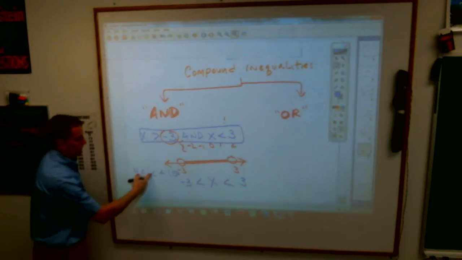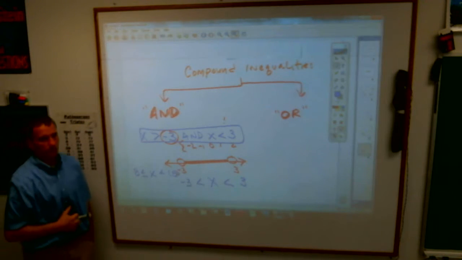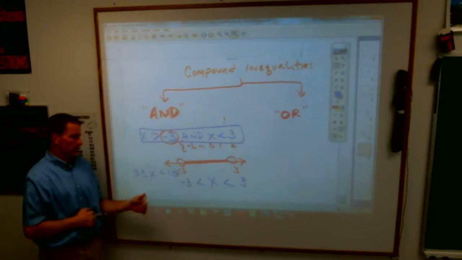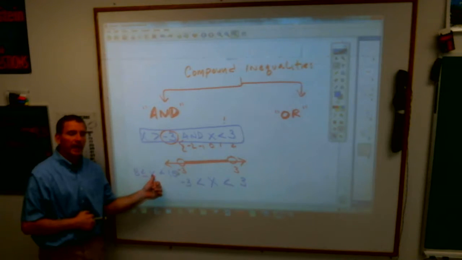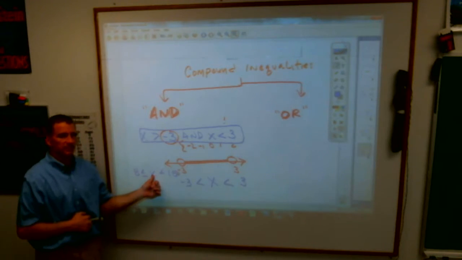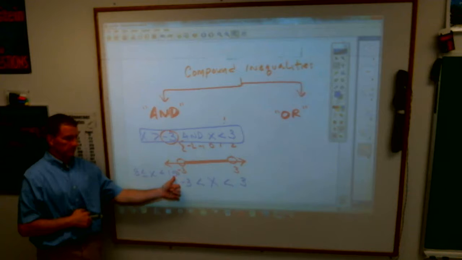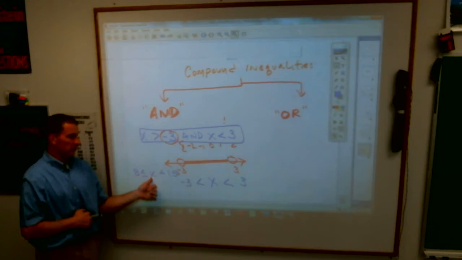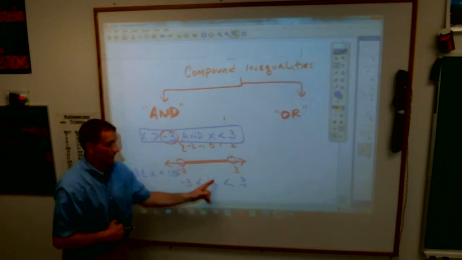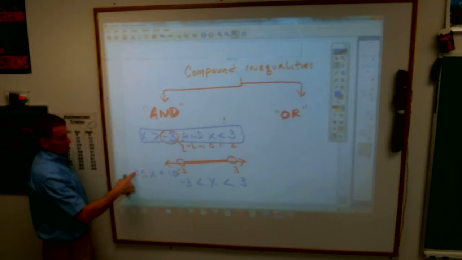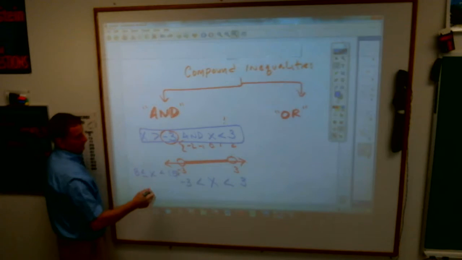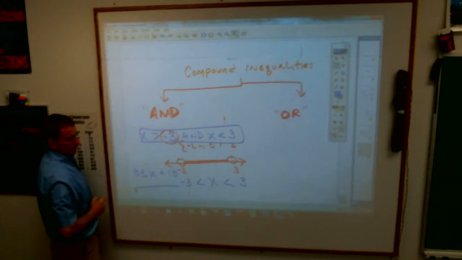If I asked you to say this in words, you would say, Aubrey, now, when it's a compound, when you start with x, it's not read left to right, you start with the x. x is greater than -3 and less than 3. x is greater than or equal to 8 and less than 15. And when you graph it on a number line, it looks like this.